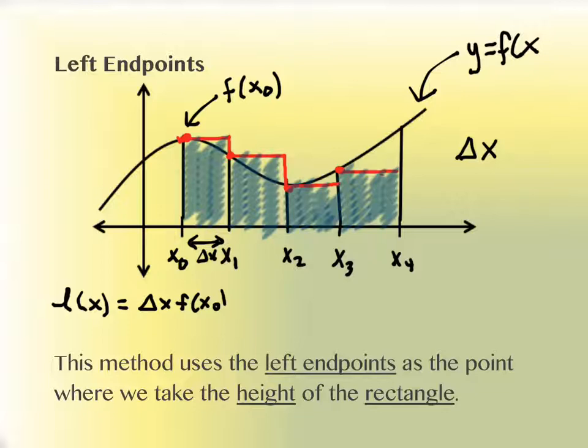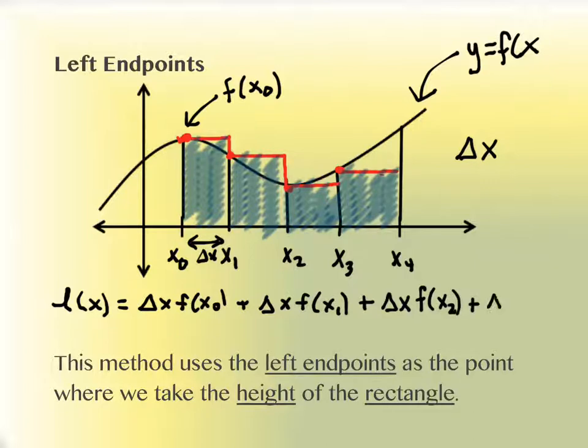But that's only one rectangle, and how many do I have in my picture? 4. So the second rectangle has the same base, delta x. What's its height? f of x1. Third rectangle, same base, delta x. What's its height? f of x2.